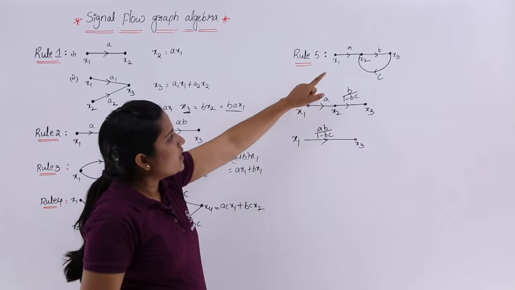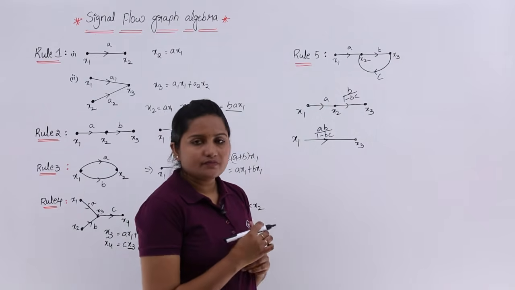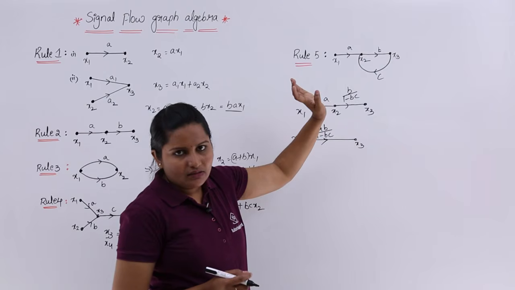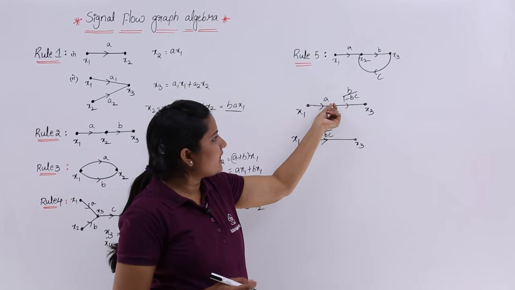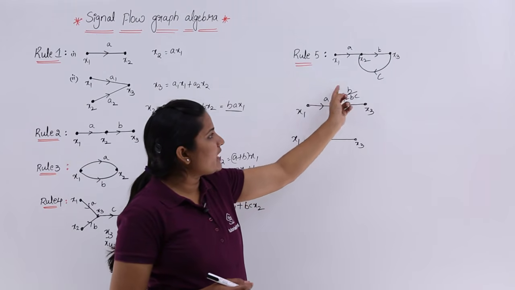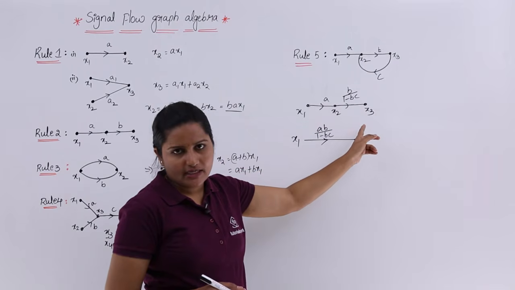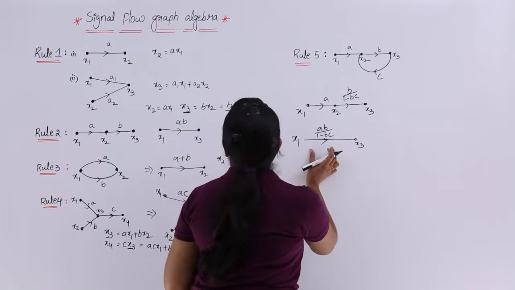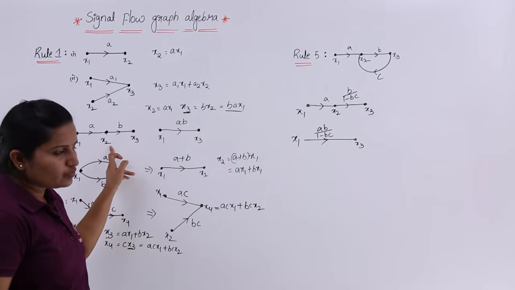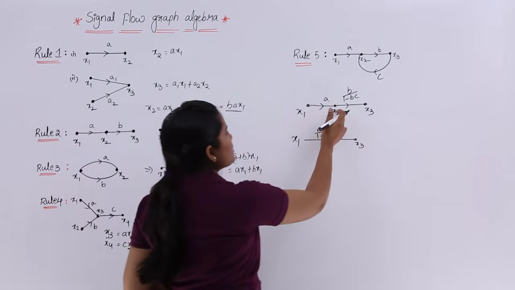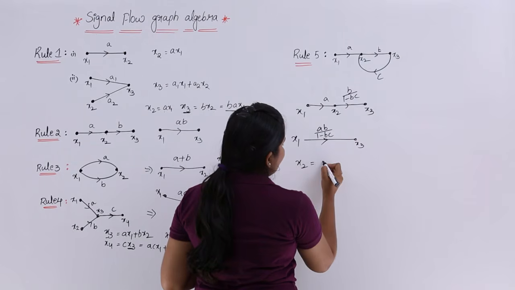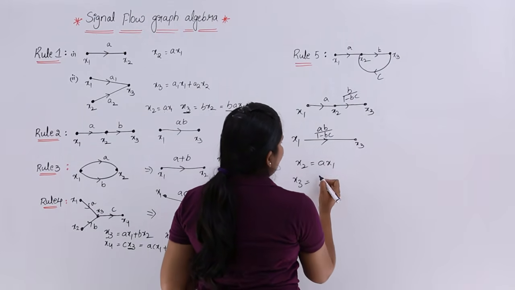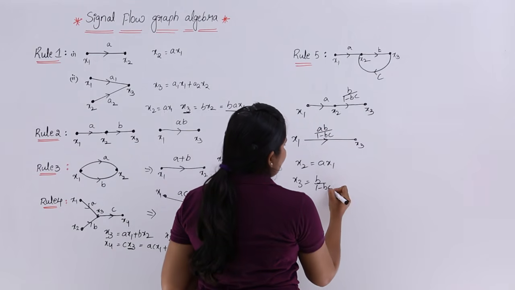Here we are having one formula, that is you can take out this loop and write this as a multiplication. For example, how are we writing this? Based on rule number 2. x2 is equivalent to a x1, and x3 is equivalent to b by 1 minus bc into x2.